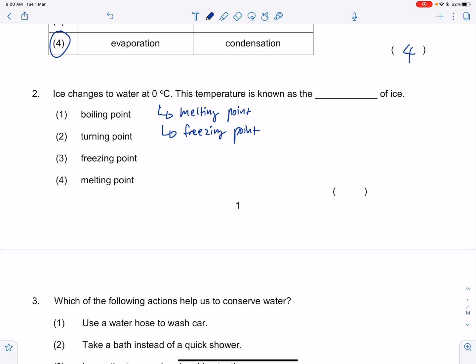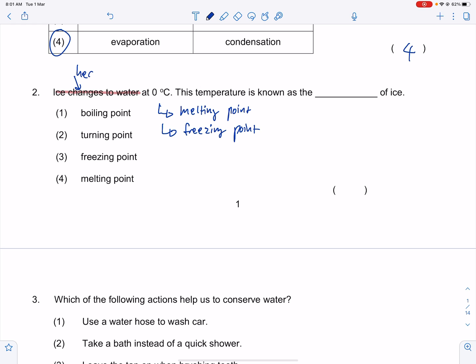So is it from ice to liquid, or is it from liquid to ice? In this case, the direction of change is from ice to liquid, from solid to liquid. For that to happen, you will need to input heat, right? So this would be a melting process. So therefore, answer 4.